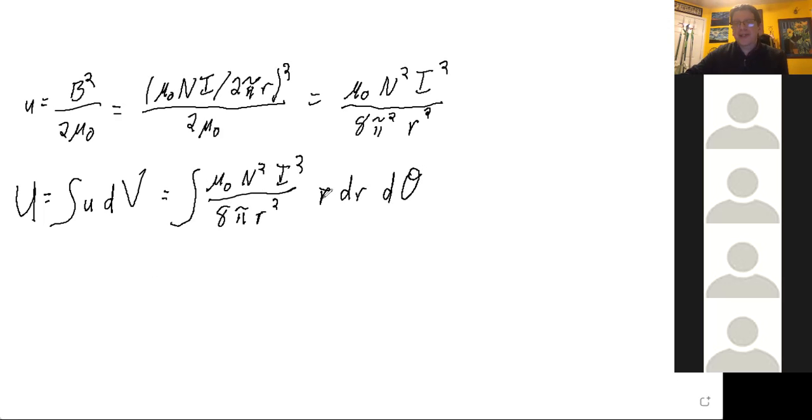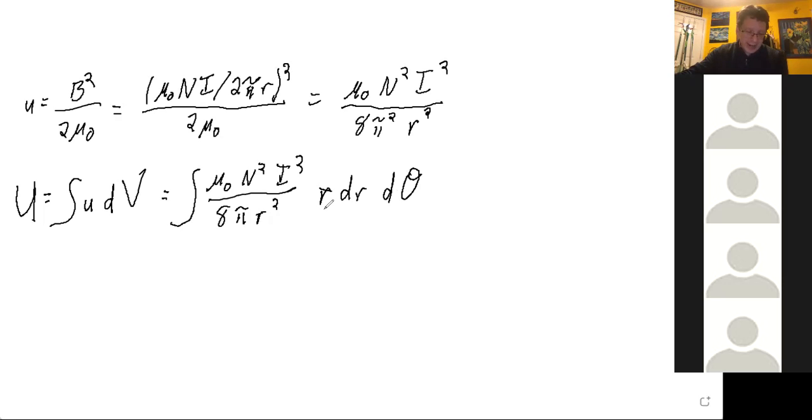So if you were to integrate r dr d theta over a full circle, you would get pi r squared. You're integrating theta from 0 to 2 pi. You're integrating r from 0 to r. So that's r squared over 2. And so it's 2 pi times r squared over 2, which gives you pi r squared. So that's how you figure out the area of a circle.